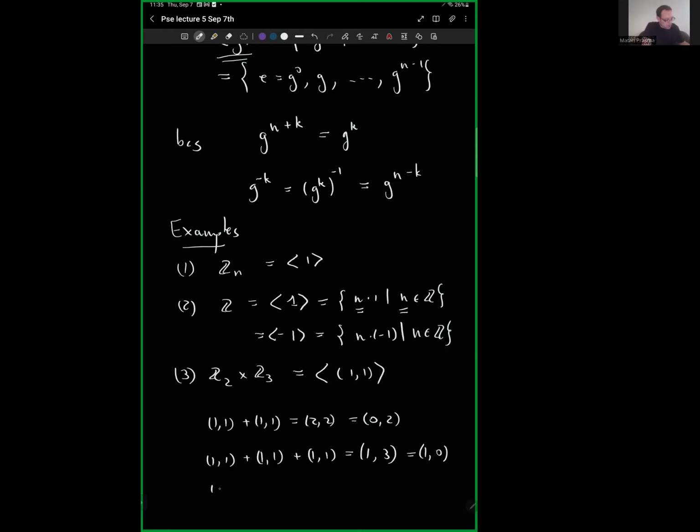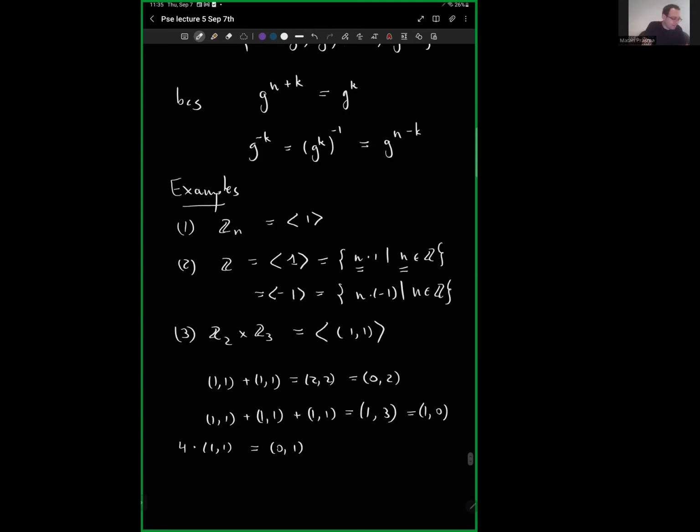Then I would take (1, 1) times 4. This is adding (1, 1) to itself 4 times. I would get (0, 1). And 5 times (1, 1) is going to be (1, 2).